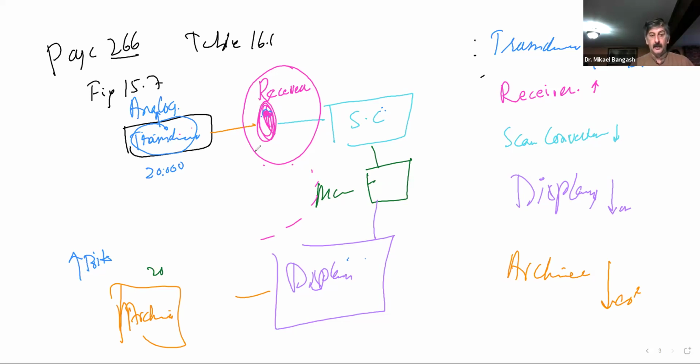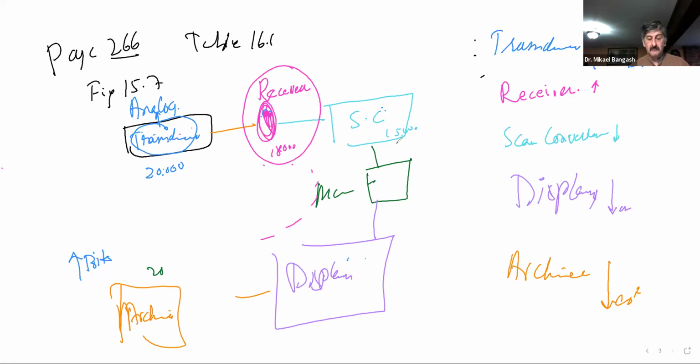Let's say from 20,000 to just 18,000. Now 18,000 may be too much for the scan converter, so it has to have a lesser scale, and we can say just 15,000.